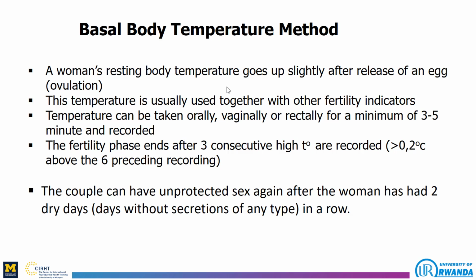The fertility phase ends after 3 consecutive high temperatures that are recorded 0.2 degrees Celsius above the 6 preceding recorded temperatures. The couple can have unprotected sex again after the woman has had 2 dry days in a row without secretion of any type.